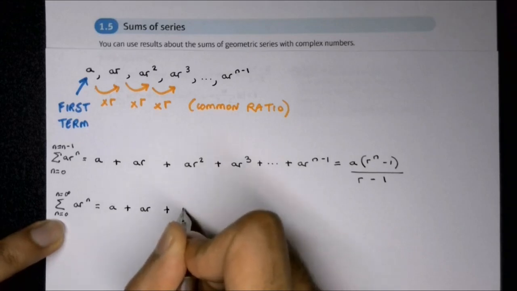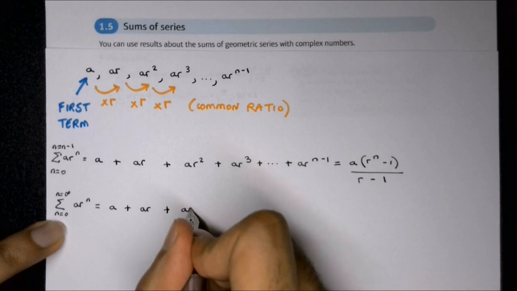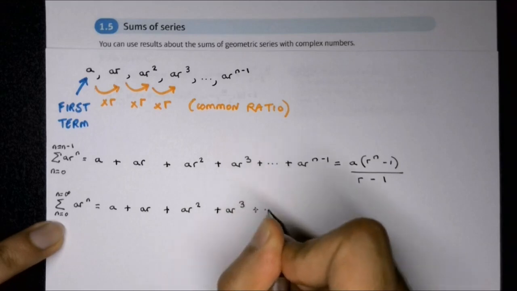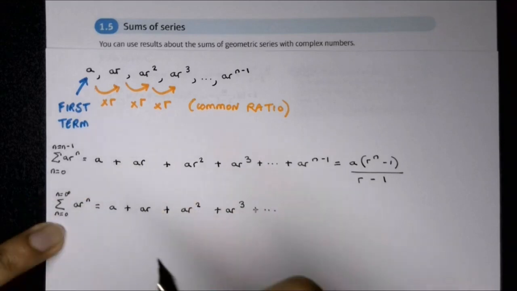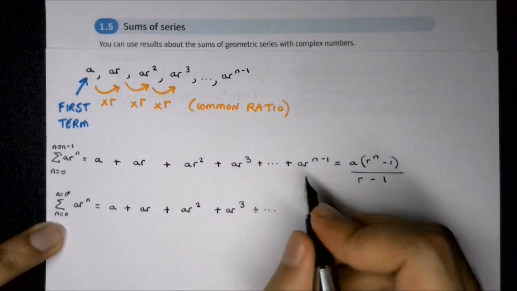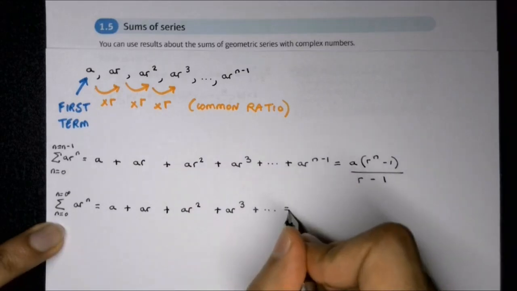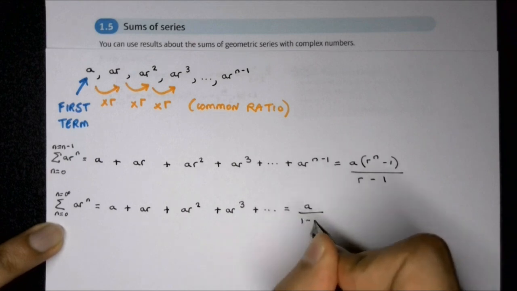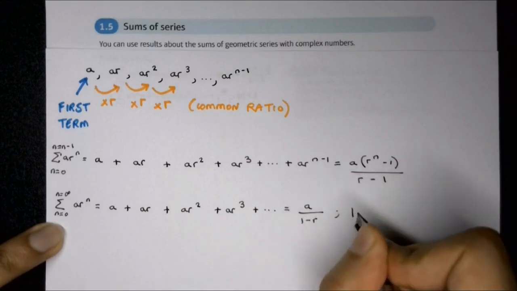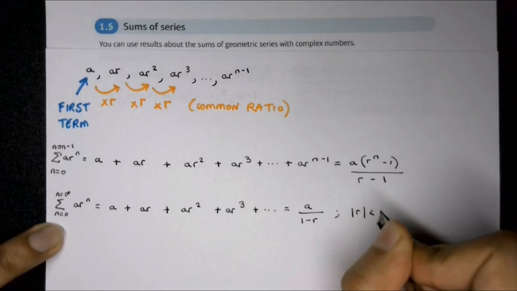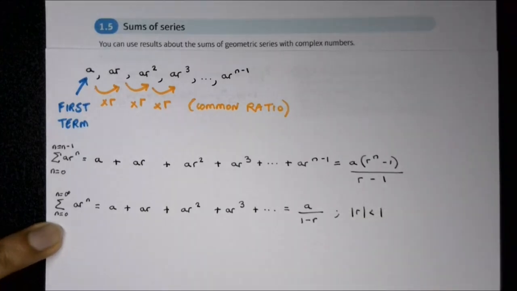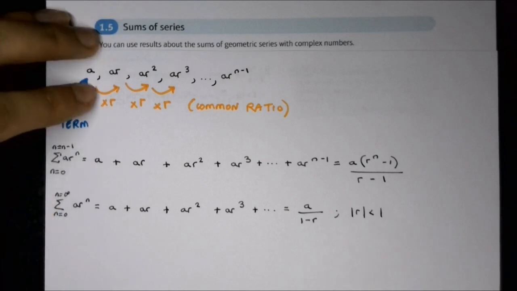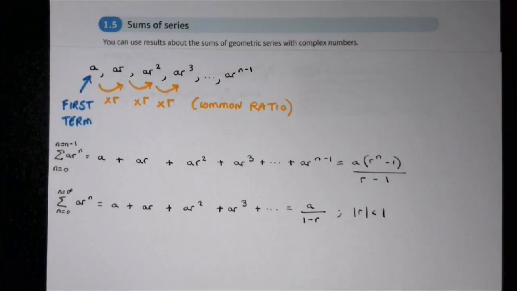When n equals 2, we have ar to the power of 2. When n equals 3, we have ar to the power of 3. And we continue this up until infinity. And if we add all these together, similar to what you've met in A-level maths, it turns out here we get a over 1 minus r, where the mod of r is less than 1. So everything I'm talking about now is just what you've met in A-level maths. So we can extend this idea forward with complex numbers.